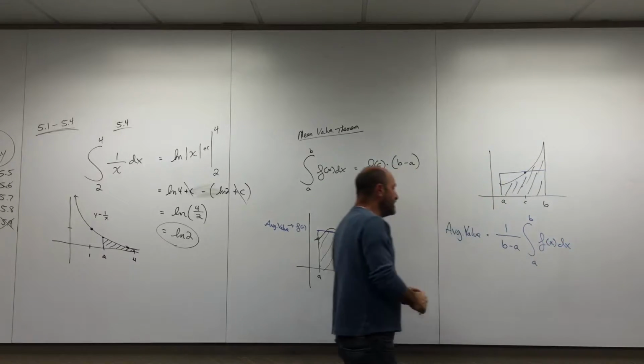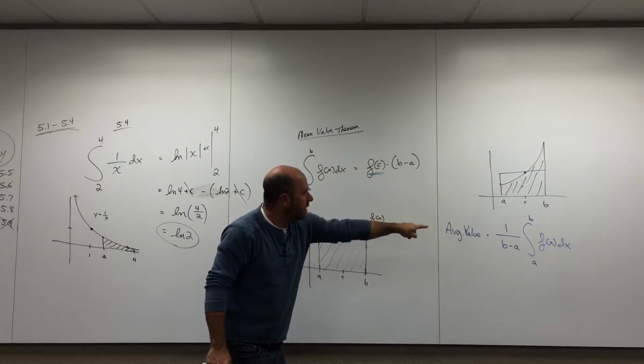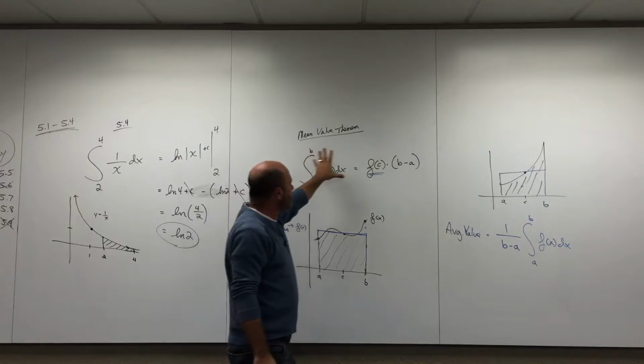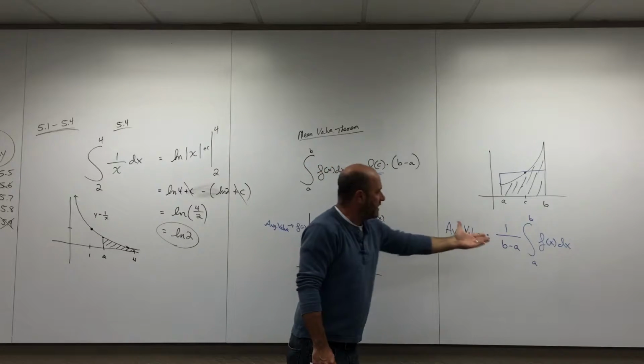Now, can you tell what they just did? How did they get from here to here? This is the mean value theorem. I tried to explain it to you. And then from here, they got to this.